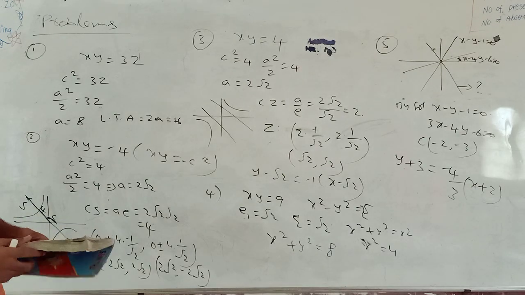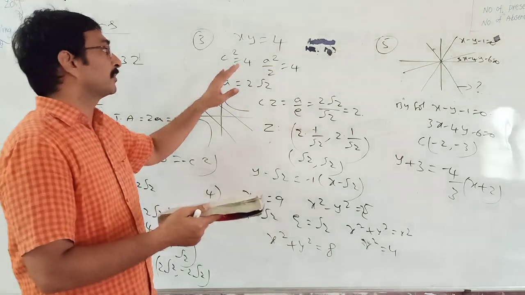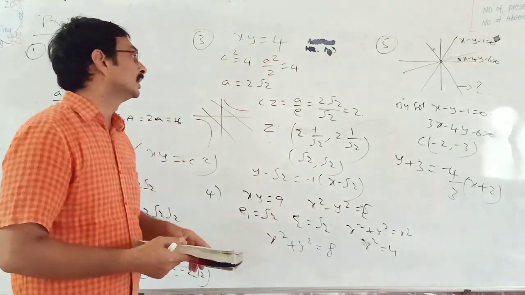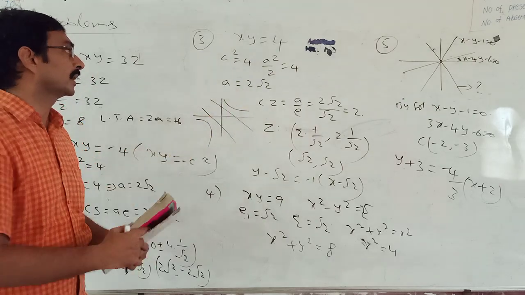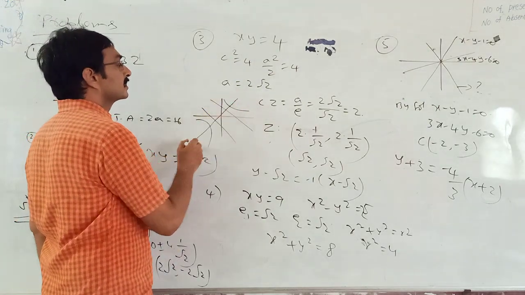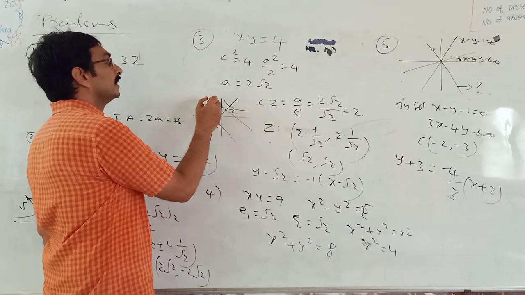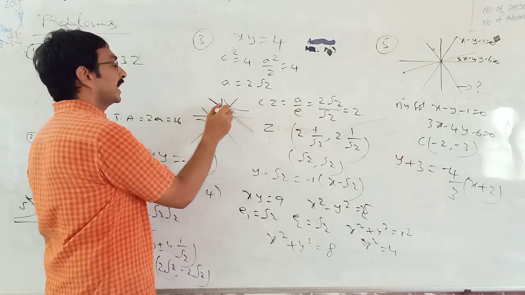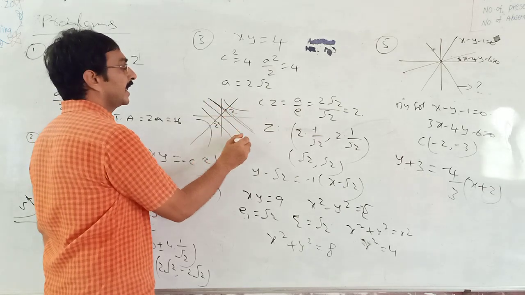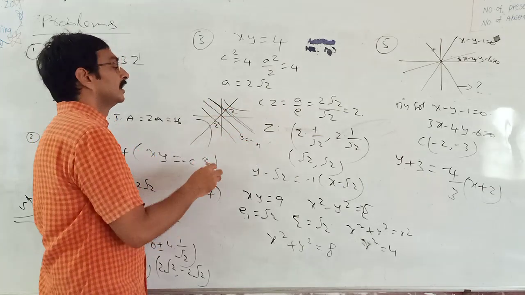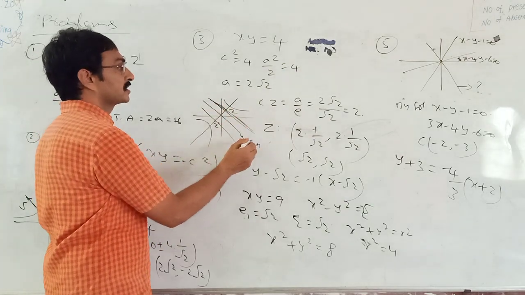Next, third problem. Equations of directrices of the rectangular hyperbola xy equal to 4. This one lies in the first quadrant and third quadrant. These are the directrices. Directrices conditions: this one passing through Z. Directrices are passing through Z comma Z dash and parallel to the line y equal to minus x. So passing through Z and having slope minus 1.